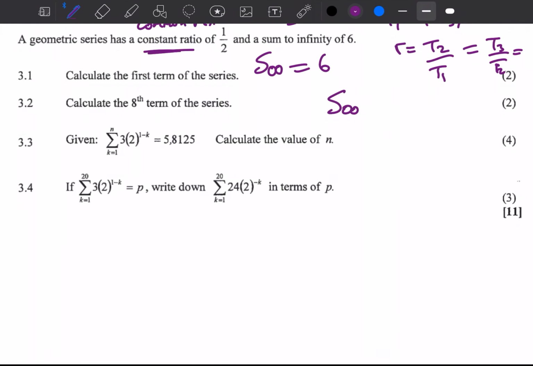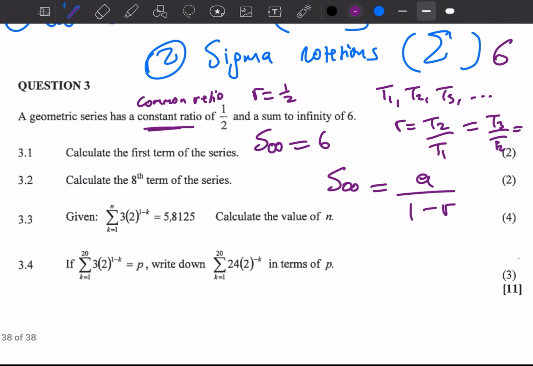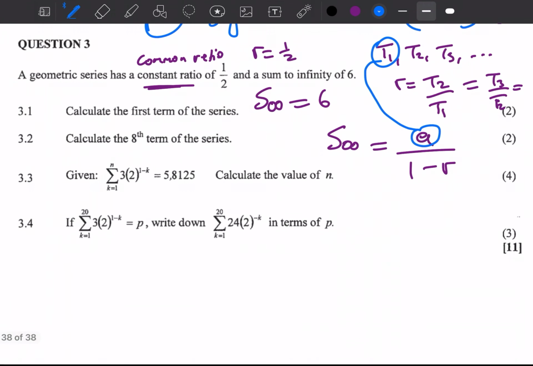The sum to infinity formula is a over 1 minus r. And remember, your a is your first term. So your sum to infinity is a over 1 minus r, where your r is your common ratio or constant ratio.